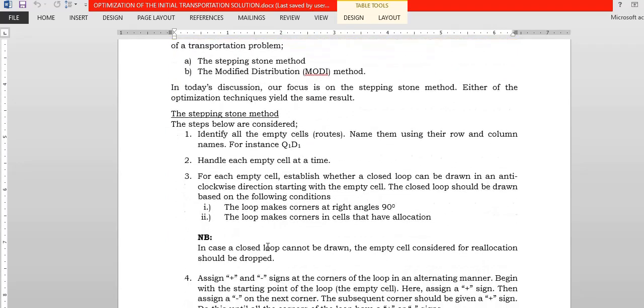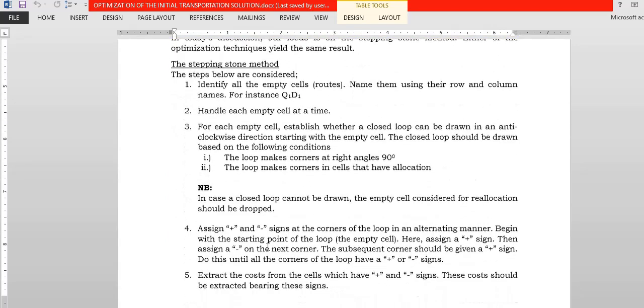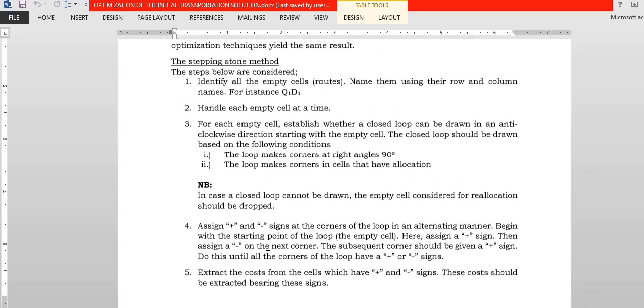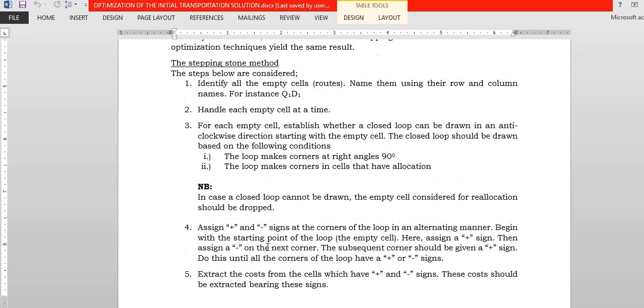We shall go straight and look at the steps we expect to go through when dealing with the stepping stone method. Number one, we need to identify the empty cells. The empty cells are routes which don't have any allocation. We identify them and we name them.